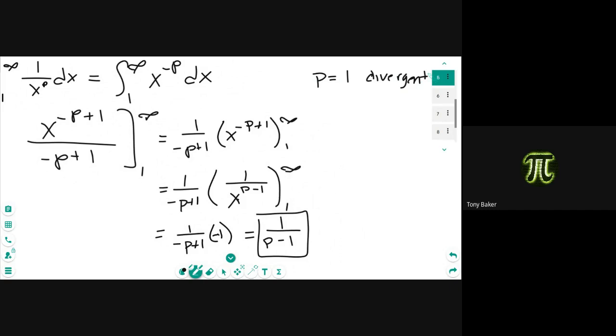Okay. If p is greater than 1, it would now be 1 over a number, right? Which would be fine because that would be convergent, correct? Yeah, so if p is greater than 1, it's convergent.